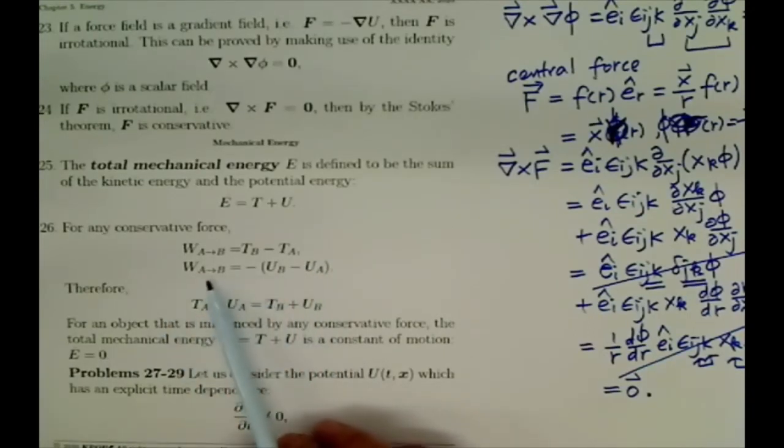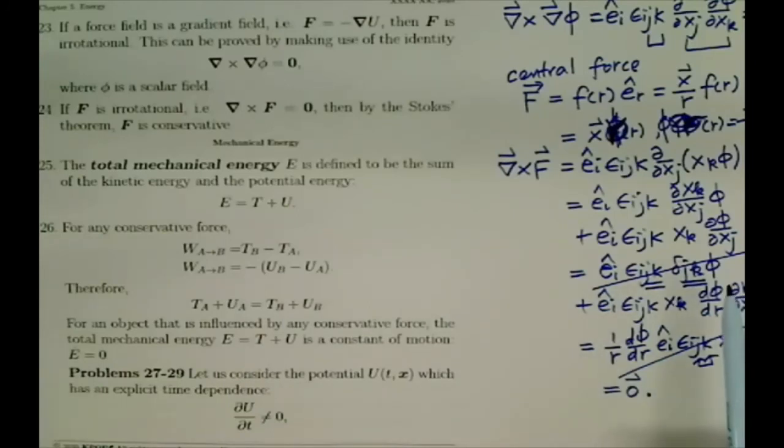And the work from A to B is the potential energy difference up to over negative sign. Because they are the same, kinetic energy and potential energy sum, that is a total mechanical energy, that should be independent of position. The sum of kinetic energy and the potential energy is called the total mechanical energy.